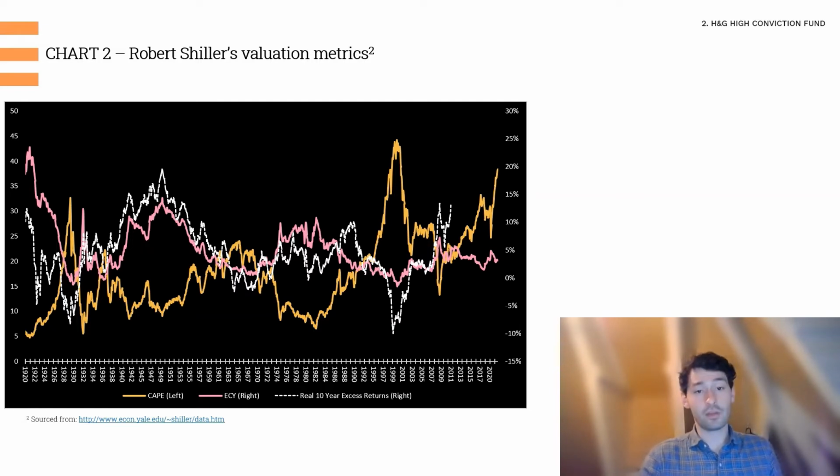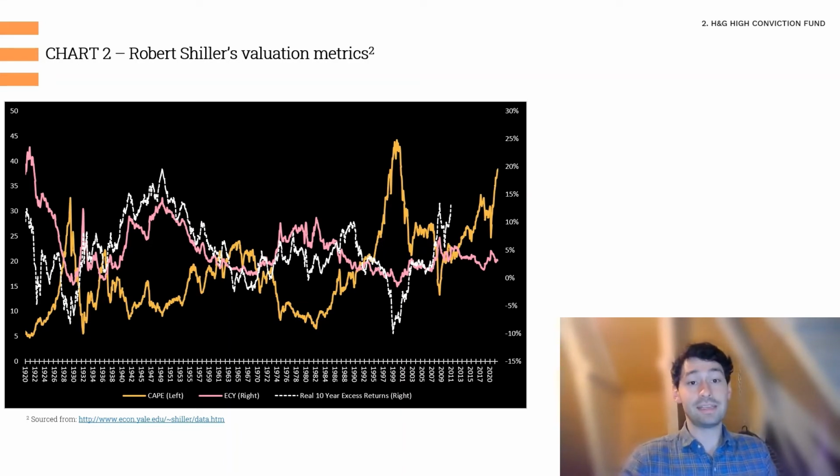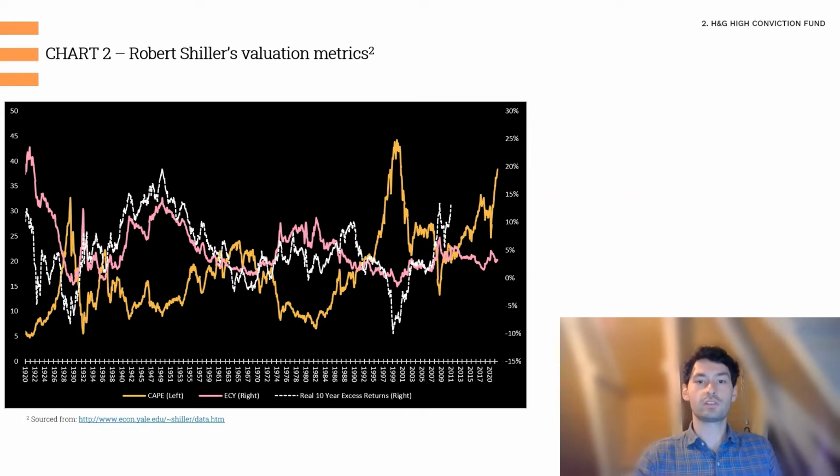Now, in terms of the other crucial line here, which is the purple or pink one, it is the ECY, Shiller's alternative metric, the excess CAPE yield, and that's how you get the abbreviation ECY. The ECY is calculated by taking the regular CAPE earnings yield that we just talked about and subtracting the real, or inflation adjusted, rate on the 10-year treasury bond.